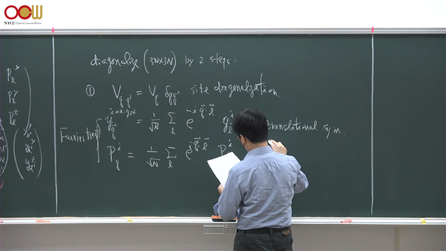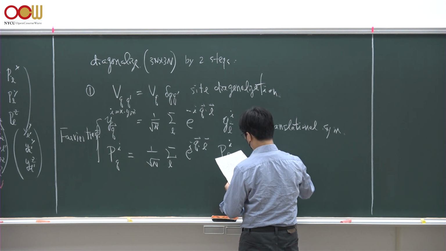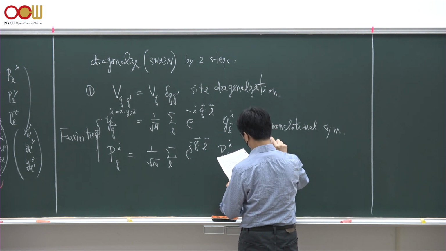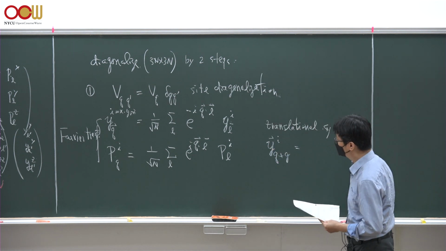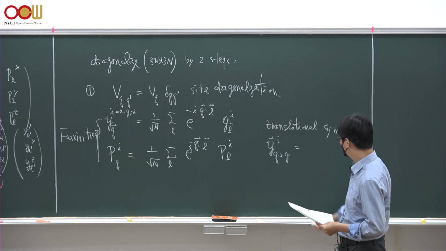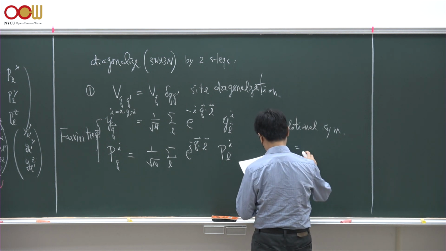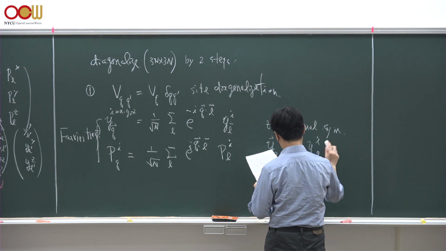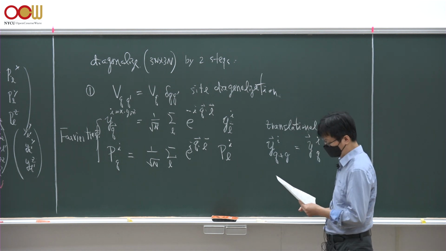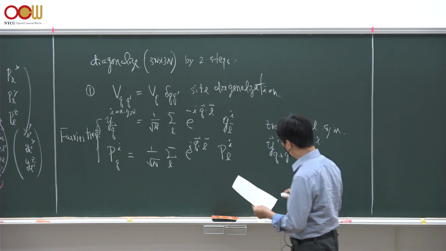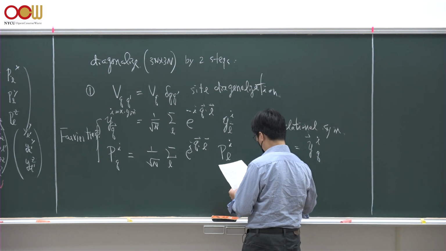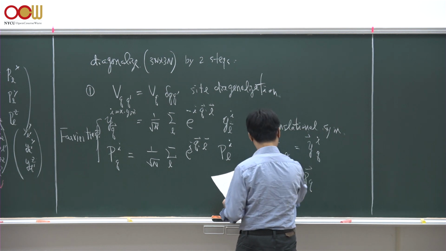The translational symmetry indicates that if you shift your Fourier momentum variables q by a reciprocal lattice vector, you get back the same displacement vector, and the same for the momentum variables.